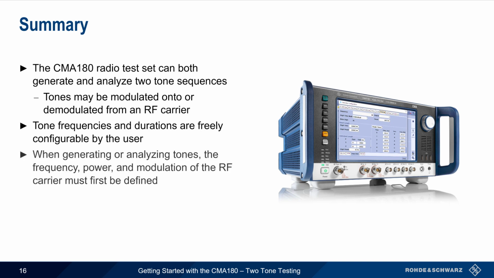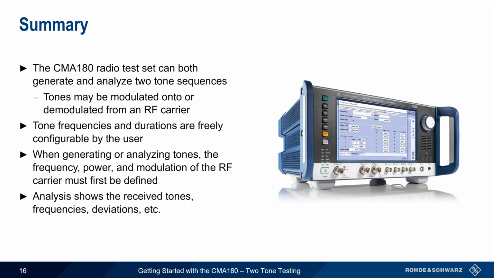Note that generation and analysis of tones on RF carriers requires first defining the frequency, power, and modulation type of the RF carrier. Analysis of received tones provides the digits corresponding to the tones, as well as the frequencies, deviation, and timings of these tones. This concludes our presentation, Getting Started with the CMA180 Two-Tone Testing.